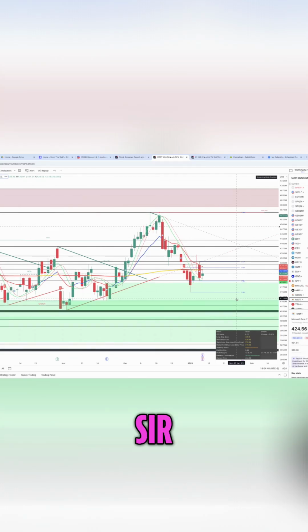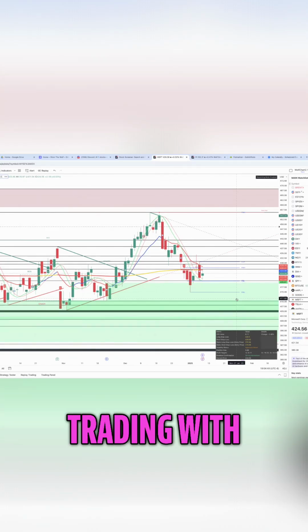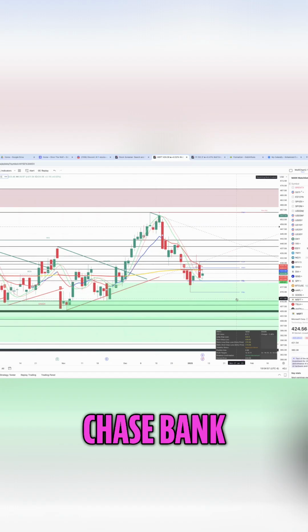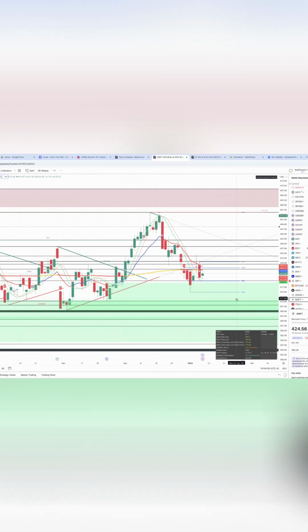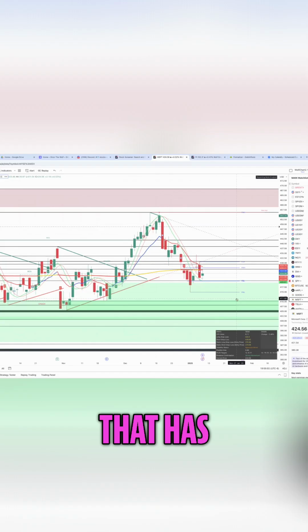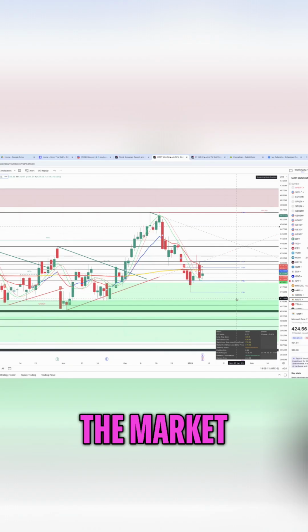Okay, so smart money are people like Warren Buffett, J.P. Morgan, Chase Bank, Wells Fargo, these hedge funds, or anybody that has enough buying power to actually make the market shift in whatever direction they want to manipulate the market in.